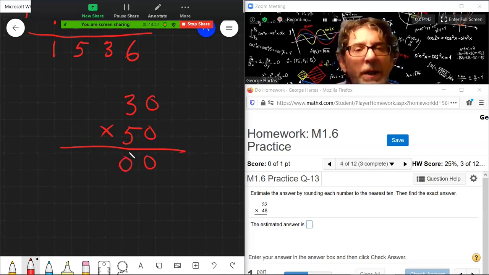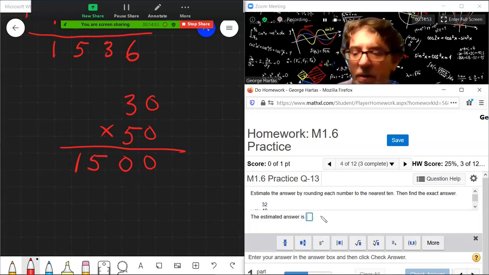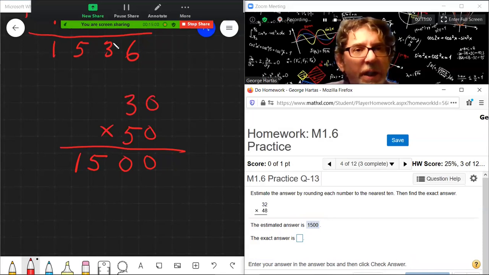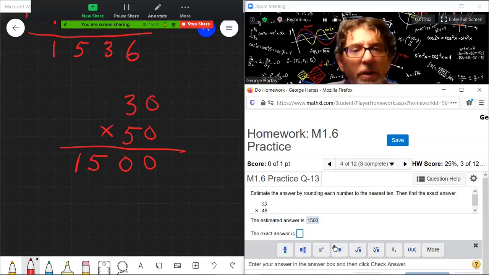And then multiply the non-zero digits. 3 times 5 is 15. So our estimated answer, which goes first, is 1500. And our exact answer, which we found earlier, is 1536.